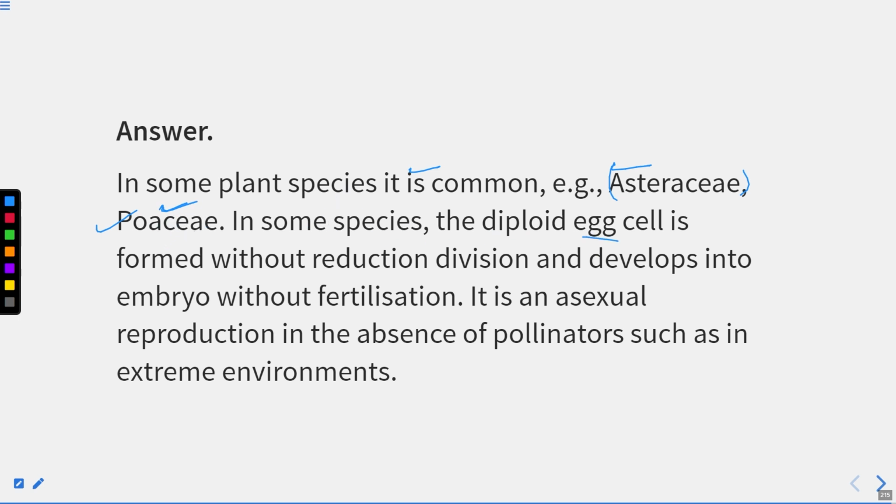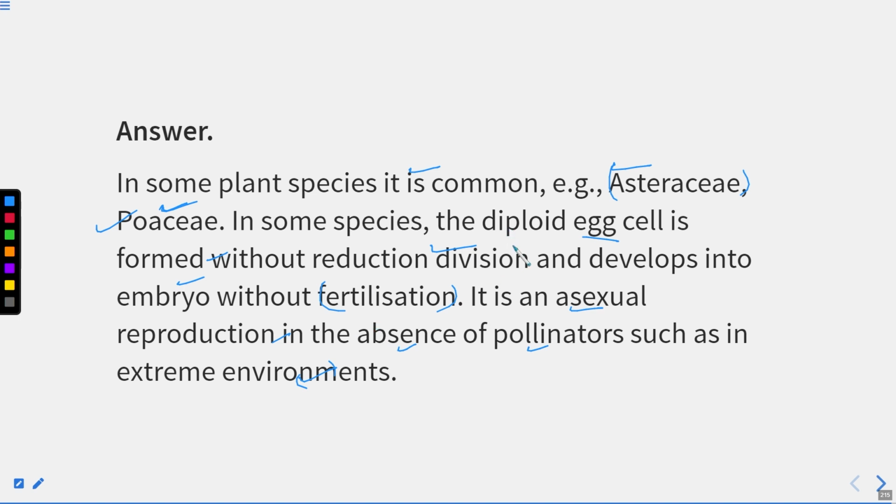In some species, the diploid egg is formed without reductional division, and develops into embryo without fertilization. This also we have already studied. Now it is an asexual reproduction in the absence of pollinators, such as in extreme environmental condition.